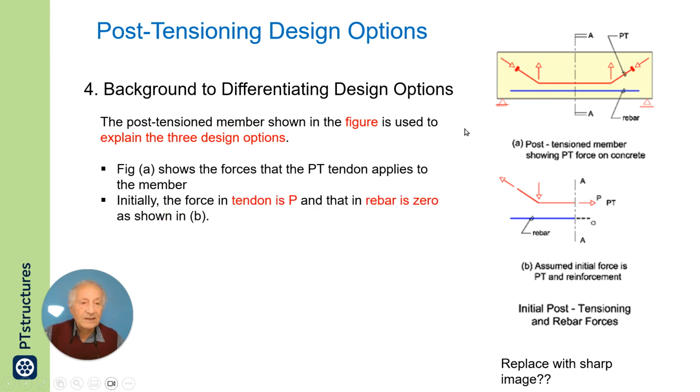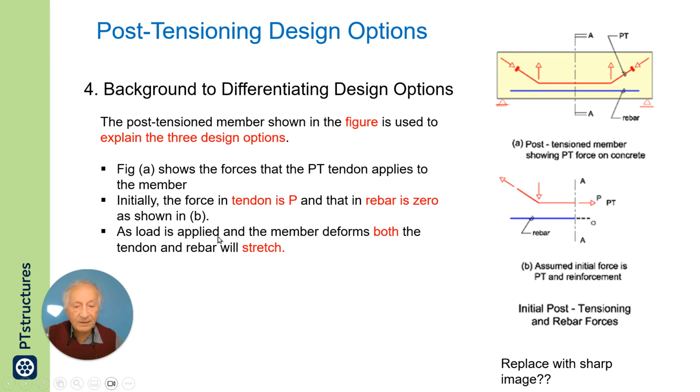Initially, the tendon force in service condition is P. P is the force in tension, and the common practice is to assume that rebar has no force initially when you cast the concrete. So here, if I make a section, rebar has 0 force, and the post-tensioning tendon has force P in it.